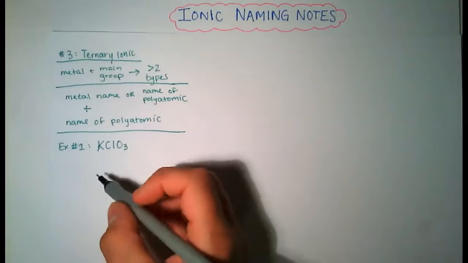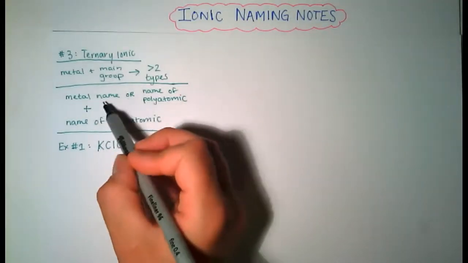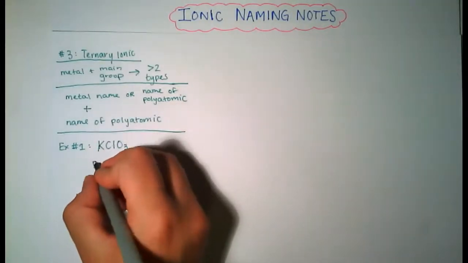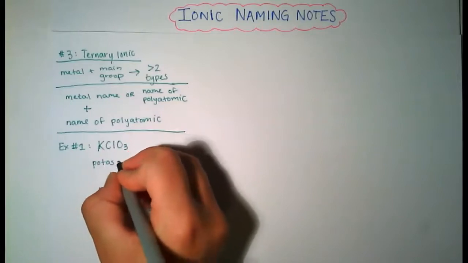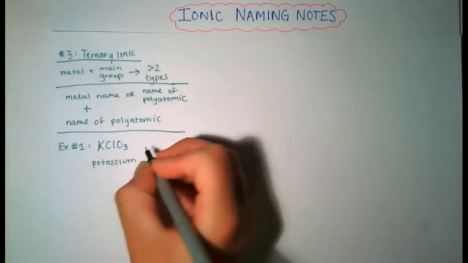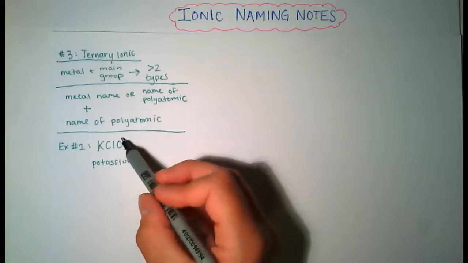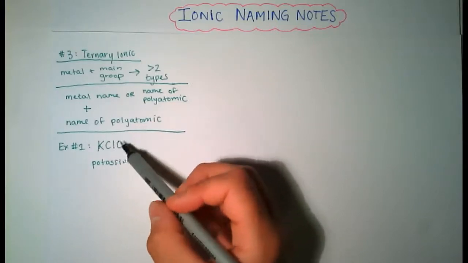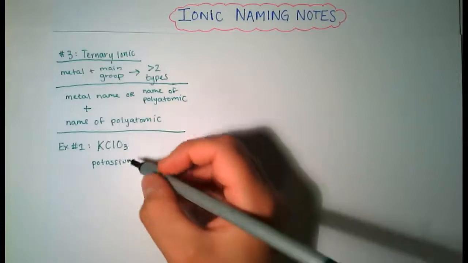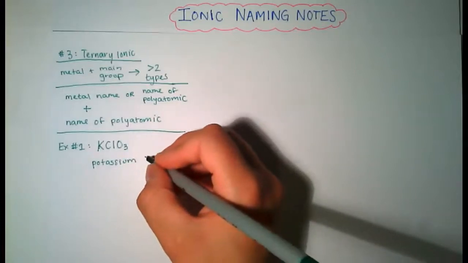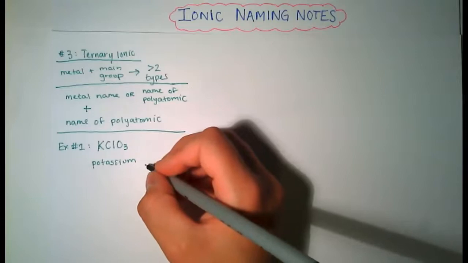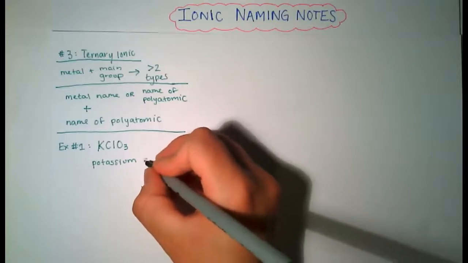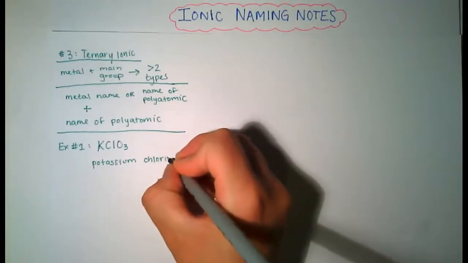So we're going to take first the name of our metal, so potassium, and then we just need to figure out the name of this polyatomic ion. And this is the chlorate ion, ClO3, -1 is its charge, but that doesn't actually matter here. So this is potassium chlorate.